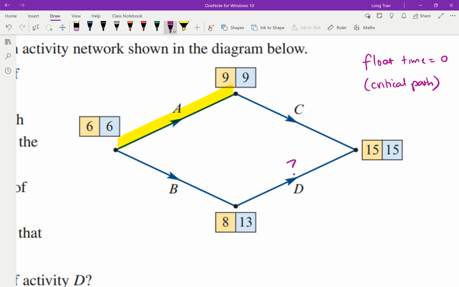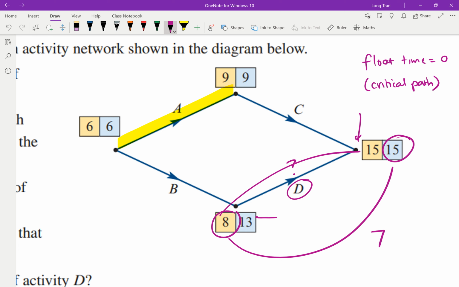The best way to figure it out: 15 minutes is the latest starting time to finish. 8 minutes is the earliest starting time for D to start. So in total, there's a distance of 7 right there. There's a distance of 7, but we need to know what the duration is in order to make sure that 8 gets to 15 and 13 gets to 15 on time. So logically, 15 back to 13, what should the duration have to be for D? 2.